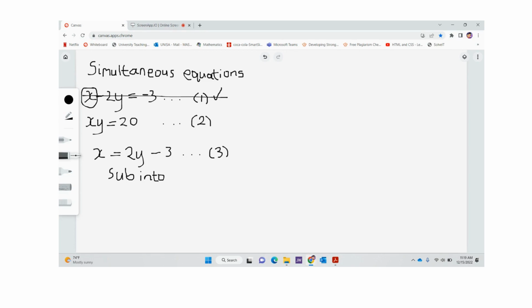So we are substituting equation 3 into equation 2. All right. So where we see x, we're going to substitute with 2y minus 3. There we have x, y. So our x is 2y minus 3.